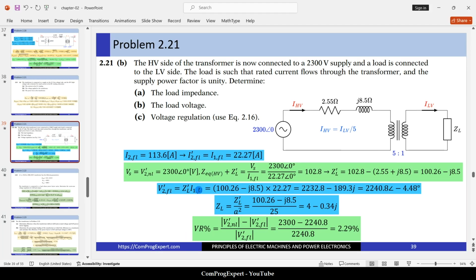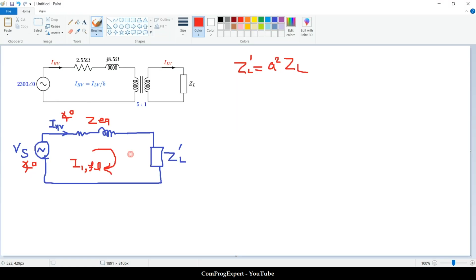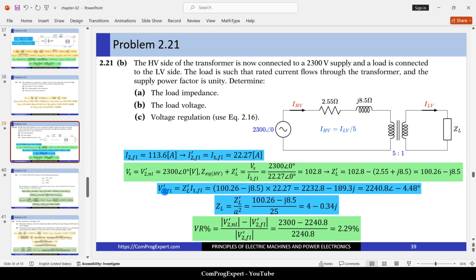So here we can write that I1 full load is equal to Vs, the voltage source, divided by Z equivalent plus ZL prime. This equation. The source voltage is also equal to V2 prime no load.